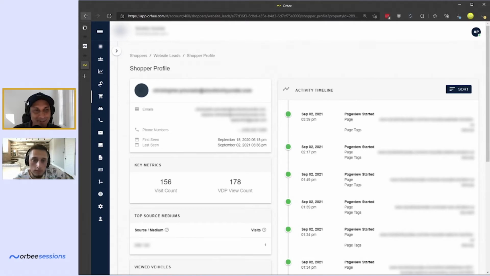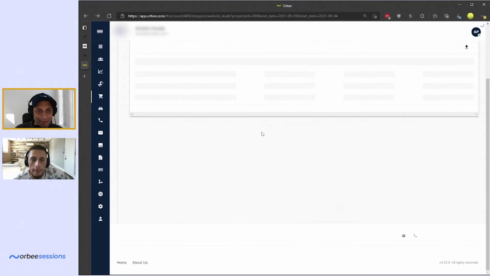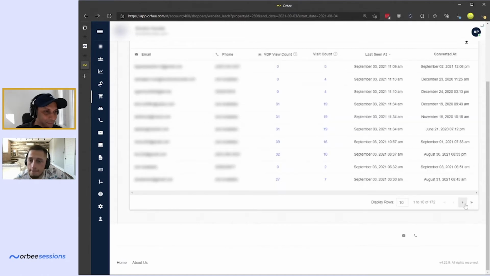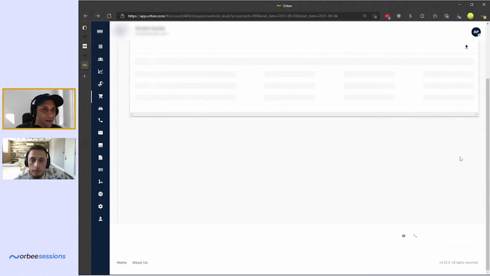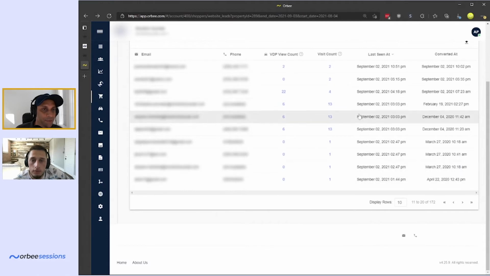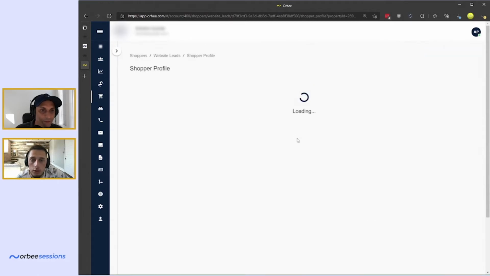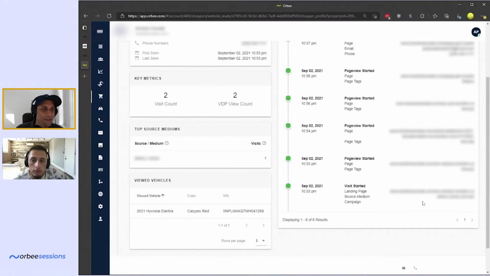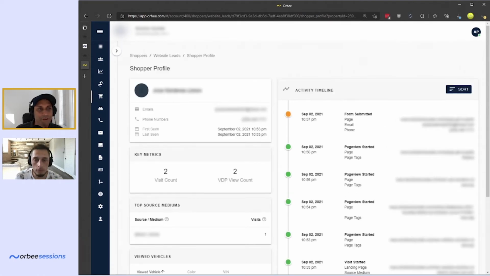This sometimes happens, Chris, when it's a kiosk in the store, and that's why that's happening. And we still collect that data, but let's see here. Let me find another example. So let's see. So this person came in from a specific campaign, looked at a specific car, and then filled out a form.